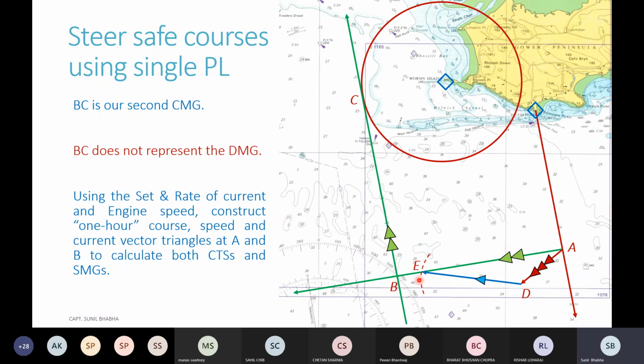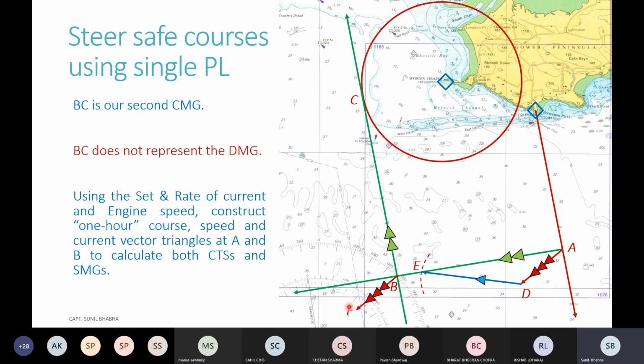Now we can repeat the same process at point B to find our second course to steer. So I will plot the current vector here. Let's mark it with 3 arrows.